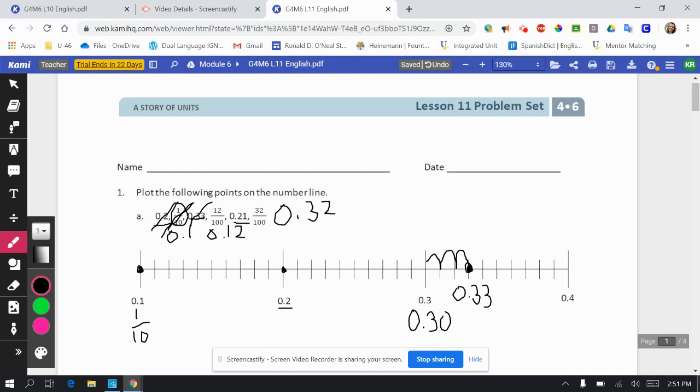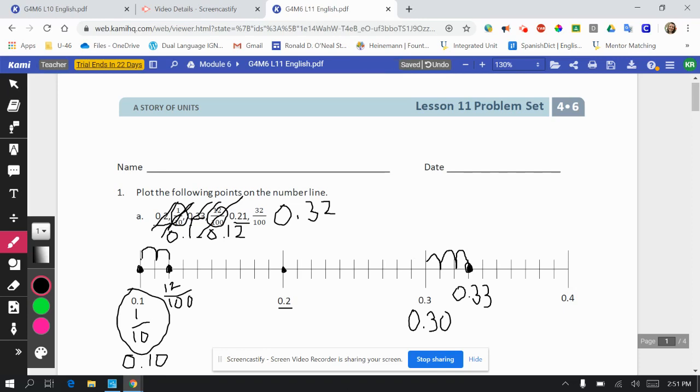12 hundredths, 0.12. Now this here at 0.1, another way to say that is 0.10. So we're going to say 0.10, 0.11, 0.12. Mark that. And I'm going to write it in the form that it's in the list, 12 hundredths. Cross that one out. 0.21.